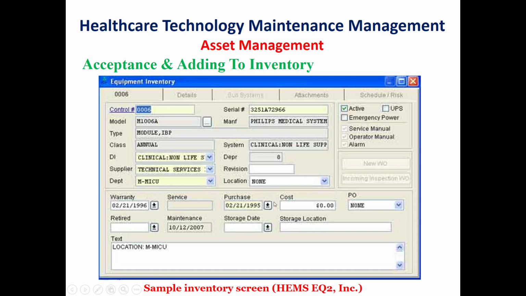And other information, like the purchase order number. So the first activity in asset management will be the acceptance testing and adding to inventory.